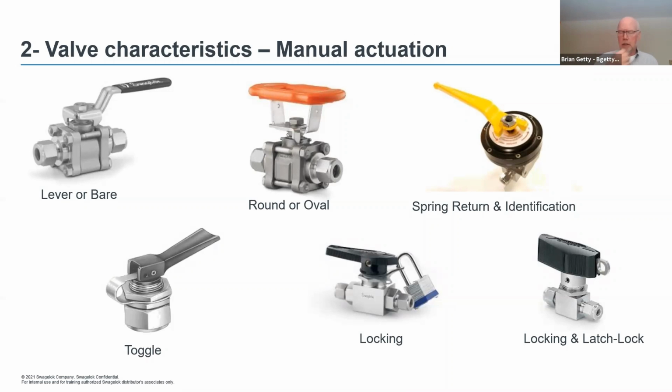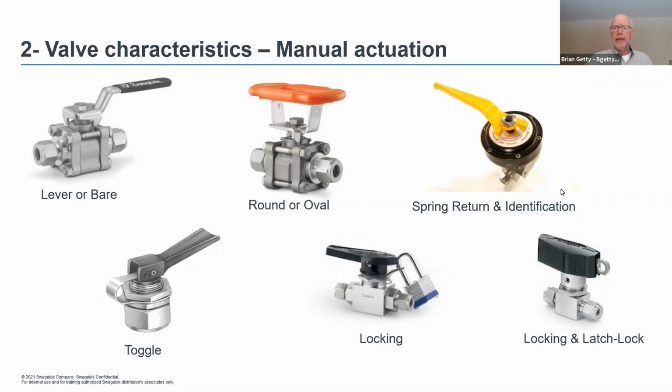It requires someone to manually move it to another position, but as soon as that person lets go of the handle, the valve will return to its original state. That could be a normally open or a normally closed position. It takes somebody to move the handle, and as soon as they let go of it, it goes back to its original state.